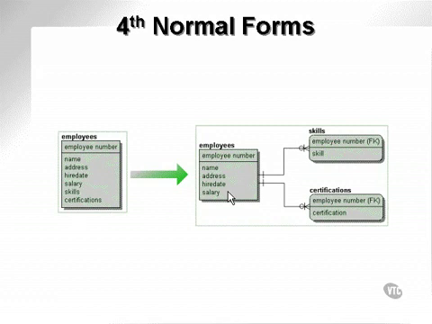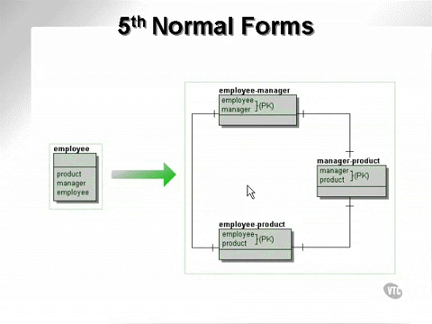Let's go to fifth normal form. In some ways I actually find fifth normal form a little easier to explain. In this object here, employee, we have product, manager, and employee. In theory, each of these items is related to each of the other items. So therefore, because you could end up with composite indexes across each combination, as in product, manager, employee, or just product, manager, manager, employee, product, employee, manager, employee, etc., etc. The list goes on.